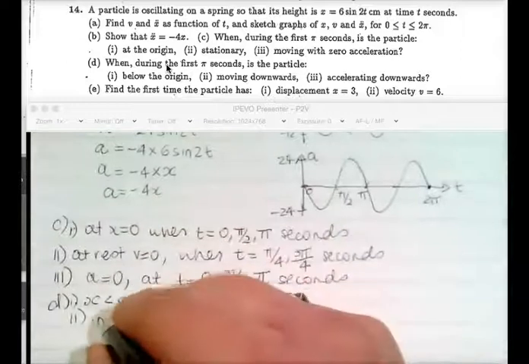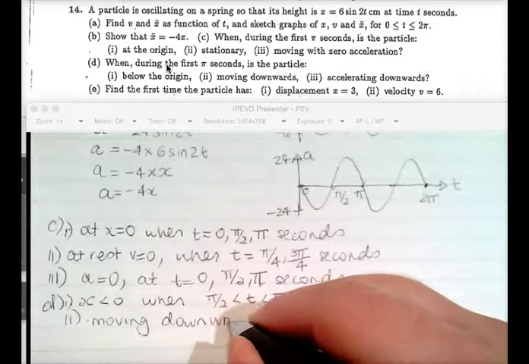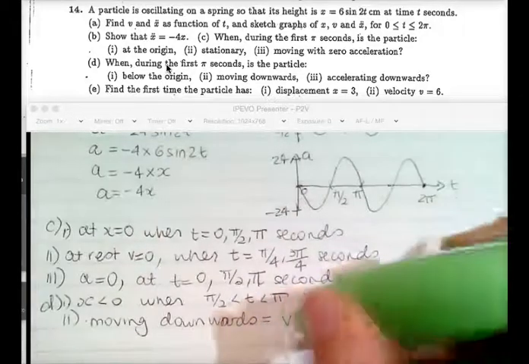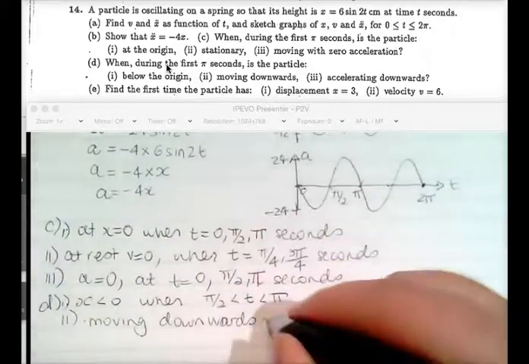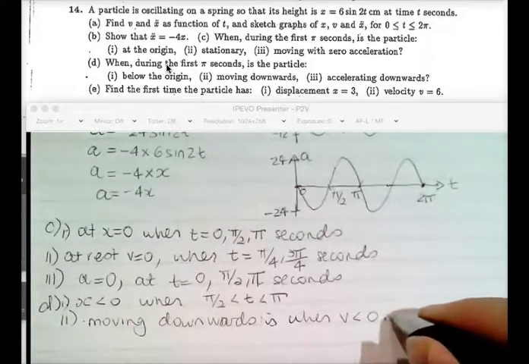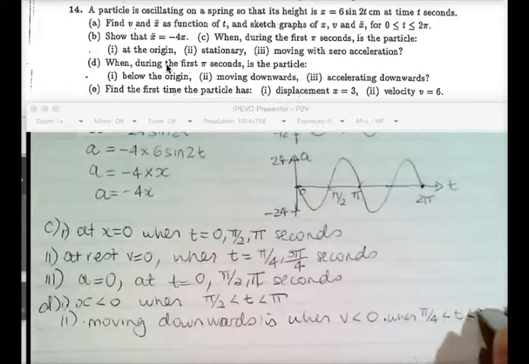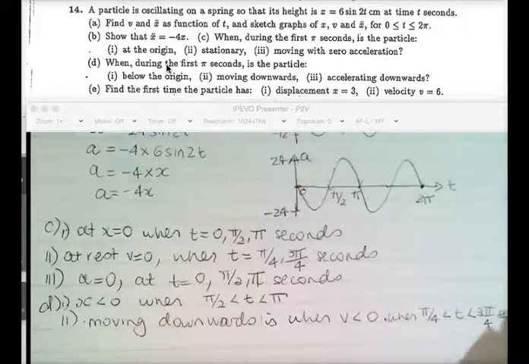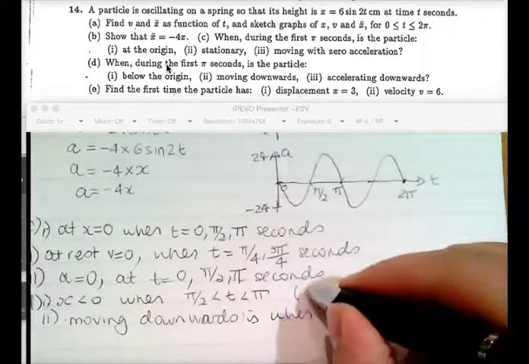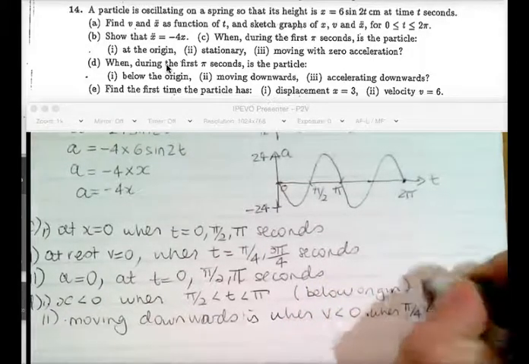So moving downwards means velocity is less than 0, and that's when the time lies between pi on 4 and 3 pi on 4 seconds. Okay, and the other one, this was for particle below the origin.